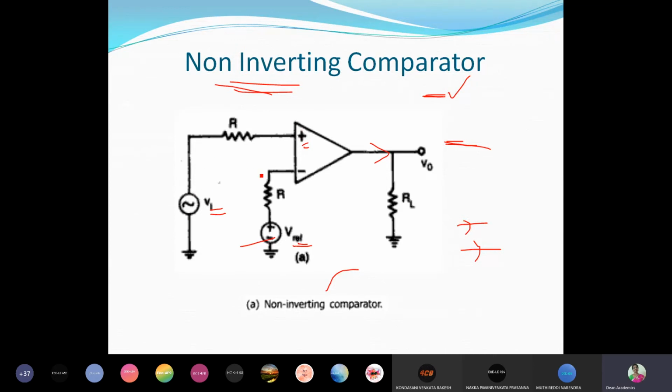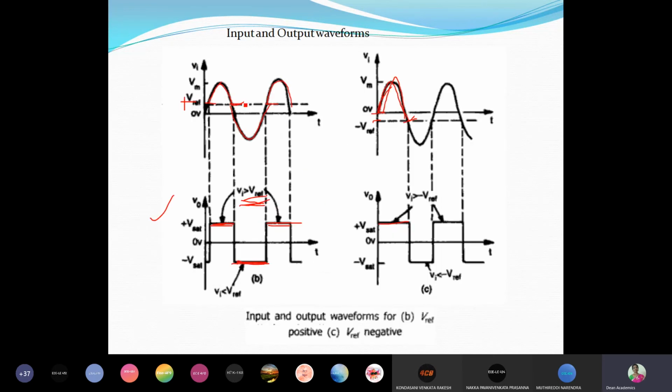If you give input at the inverting input terminal, you say it is an inverting comparator. If you draw the waveforms, input waveform and plus Vsat, minus Vsat, what you have to draw carefully is: when Vin is greater than V reference, it will be plus Vsat. If Vin is less than V reference, it will be at minus Vsat. Only that point you have to identify carefully while drawing this waveform.